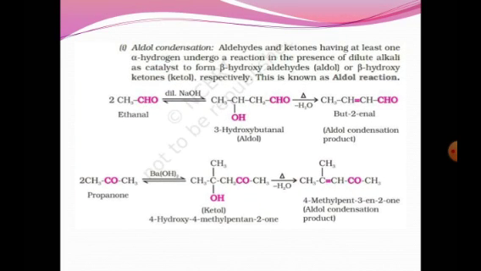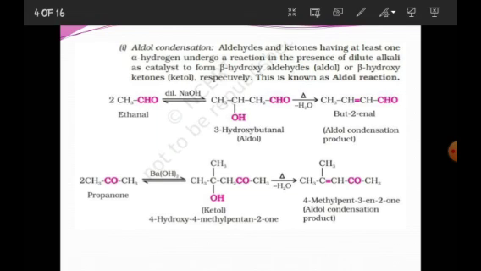So let us study the reaction now. As the name is given, the name of the reaction is Aldol condensation. Aldehydes and ketones having at least one alpha hydrogen, now what is the condition? At least one alpha hydrogen must be present. Then only that particular aldehyde or ketone will undergo aldol condensation, a reaction in the presence of dilute alkali as catalyst, to form beta hydroxy aldehydes.